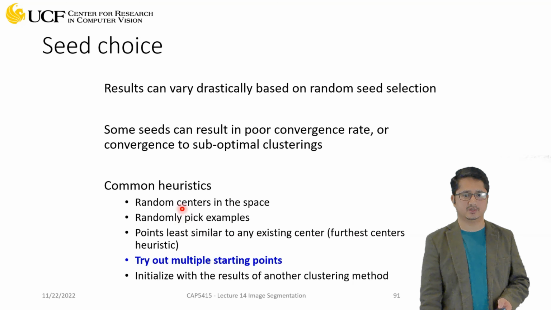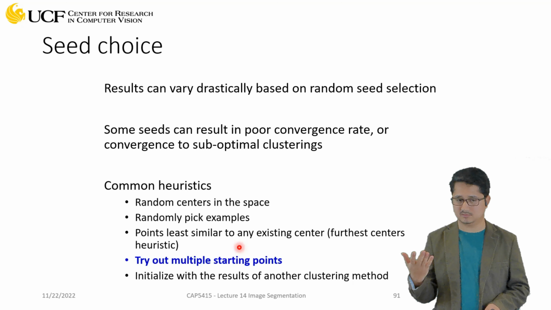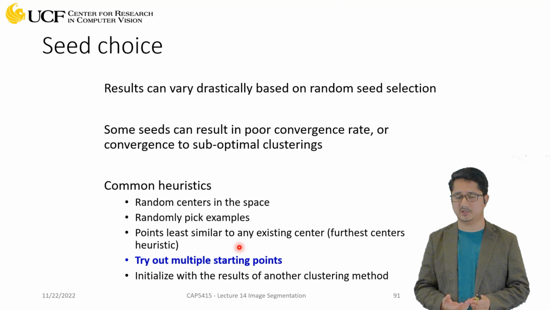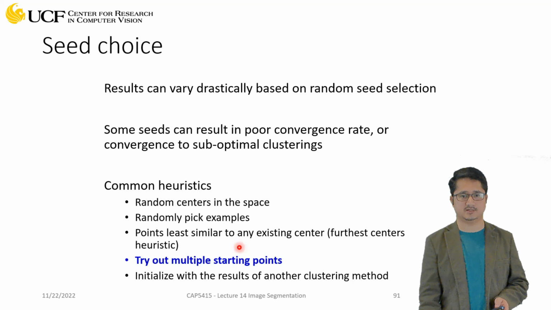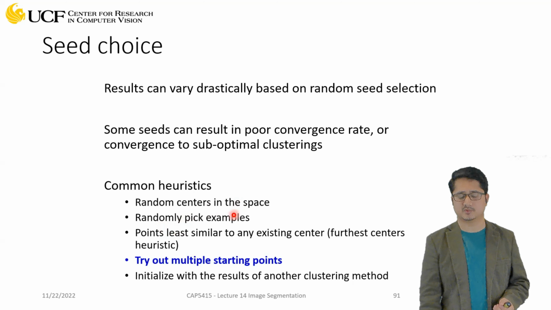And these are some of the heuristics which can be used. As I said, you try multiple starting points, right? And then you can compute the loss function, and for whichever try you are getting the minimum loss function, you just choose that as a result. Okay, so again, randomly picking examples was another variation which we discussed.